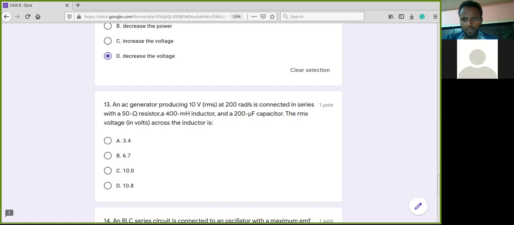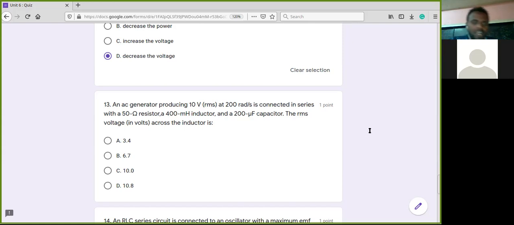The impedance Z will be 74.3. Therefore, the voltage divided by 74.3 is 0.134, yes?